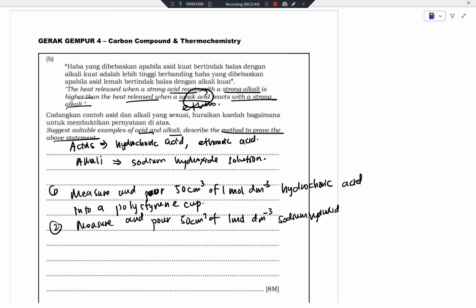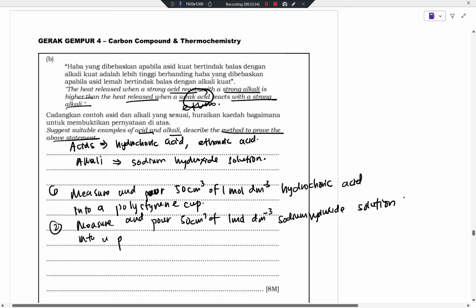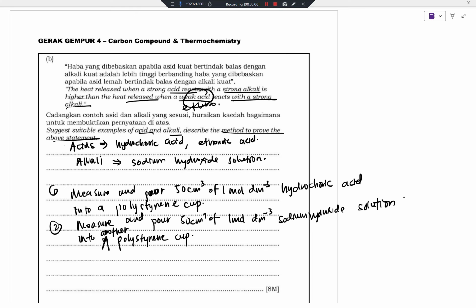Sodium hydroxide solution into a polystyrene cup. You do that. Polystyrene cup into another polystyrene cup.